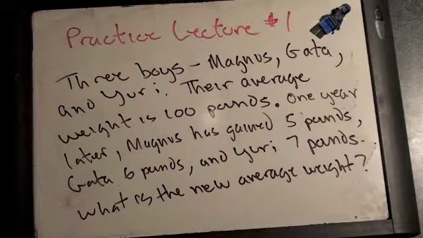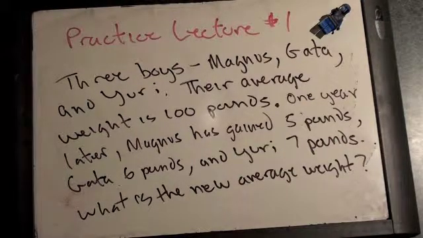So what's their total weight at the beginning, Magnus plus Gata plus Yuri? It has to be 300. So altogether, in the beginning, they all weighed 300 pounds.